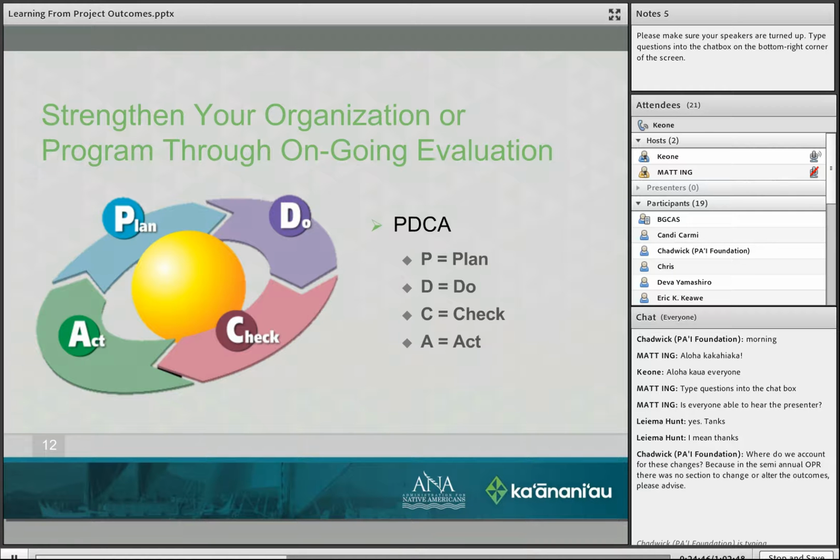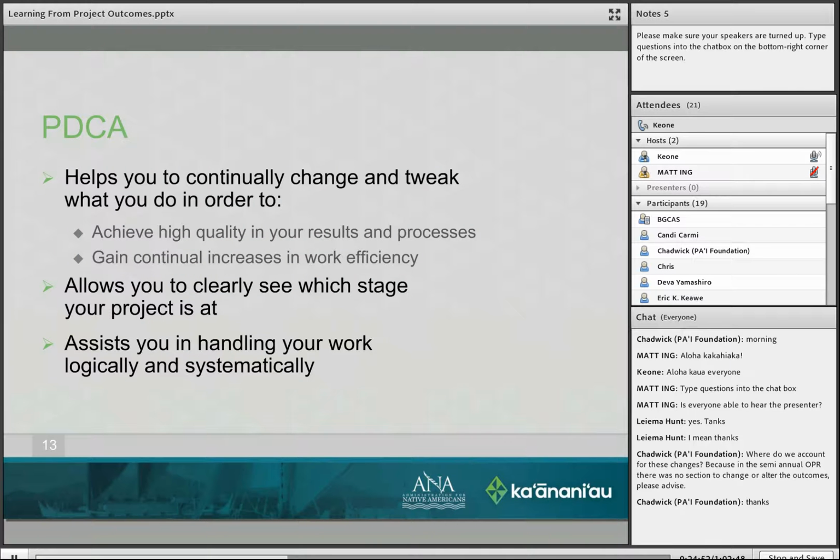We're going to go through this process of PDCA. This PDCA process helps you to continually change and tweak what you do in order to achieve high quality in your results and processes, to gain continual increases in work efficiency.